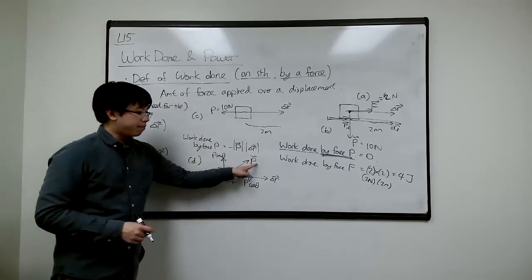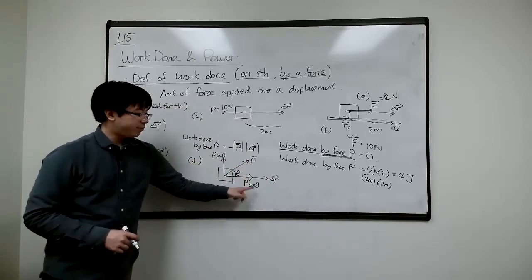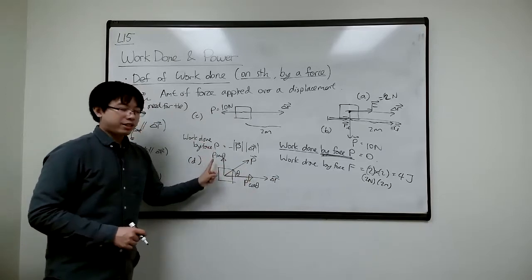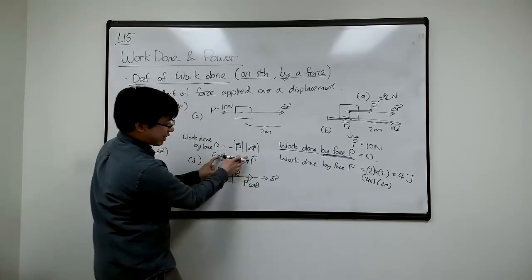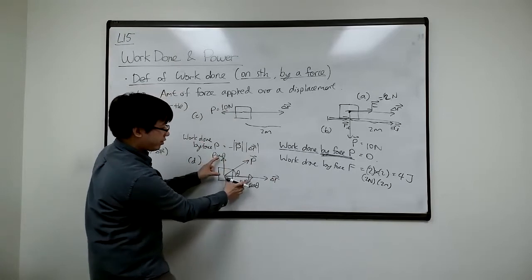So you can think of P as 2 forces, as this force plus this force, right? Because this vector plus this vector gives you P, if you move this up here.